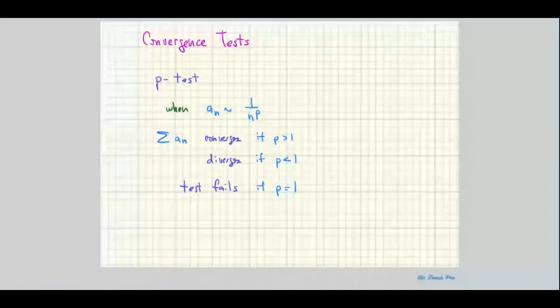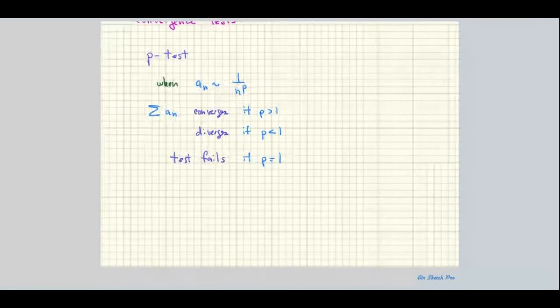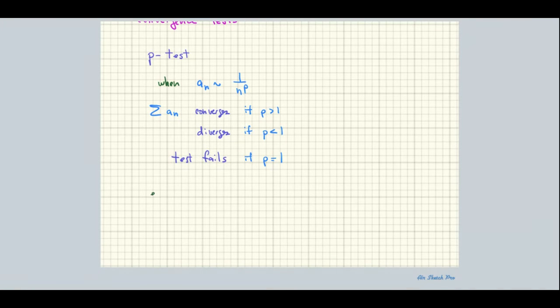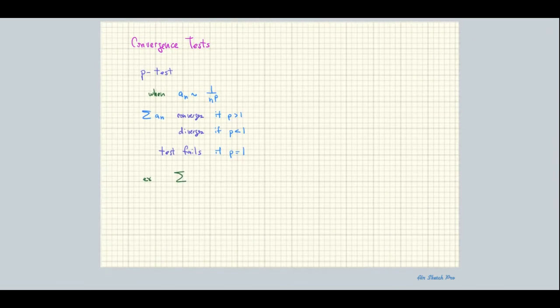The basic idea behind the p-test is you're looking at a rational function generally. And you want to bring it down to something over n to the p, okay? Give an example here so you can see it. Here we go.